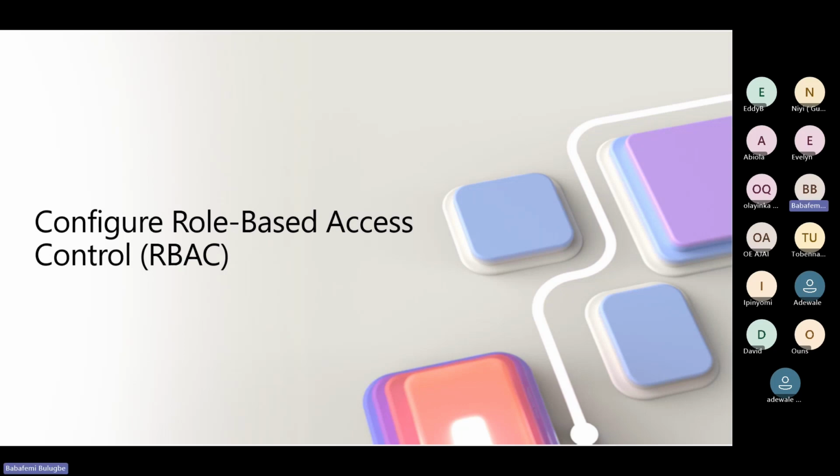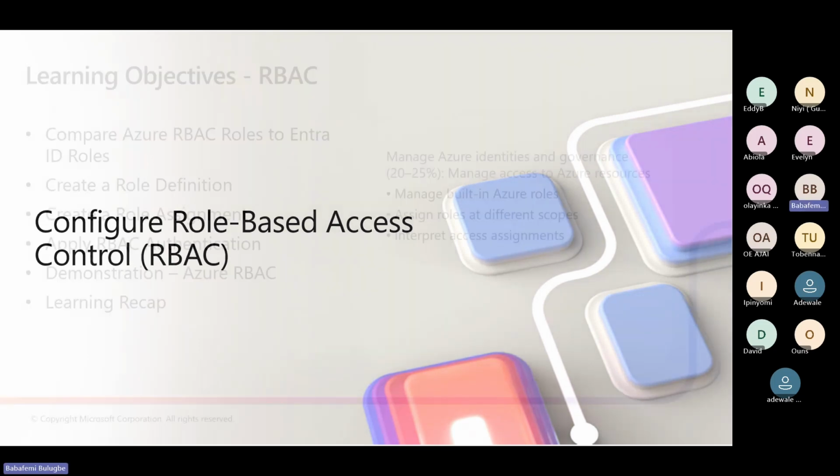Now, that subscription role that is assigned to a user account to be able to manage resources is what we call RBAC, which is the role-based access control. So before you can manage resources, you need to be assigned an RBAC role.